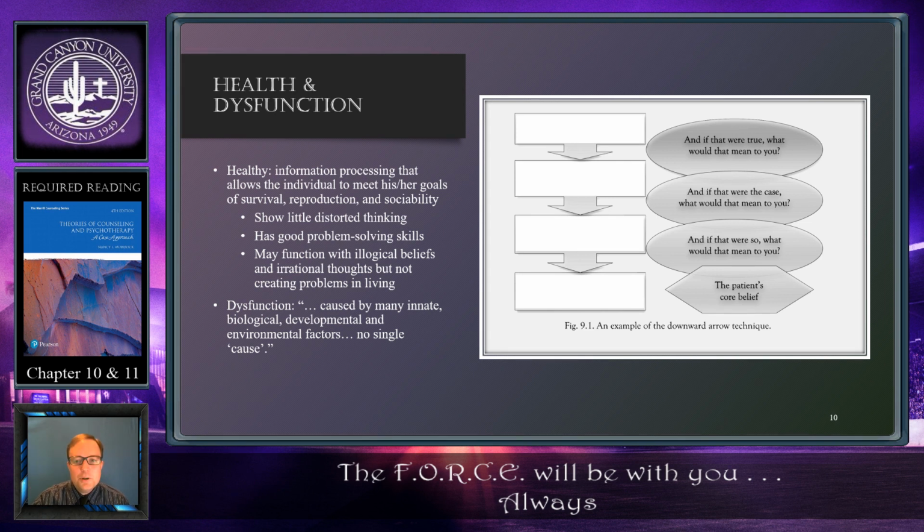A healthy person does a kind of information processing that allows them to meet their goals and survive and be social. Whereas other forms of thought persecute the person into a box, into a bubble where they are less than and have not. And they're stuck not fulfilling their drive, their motive, or even their destiny.